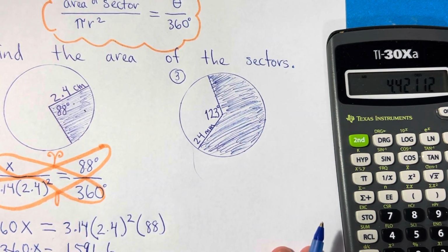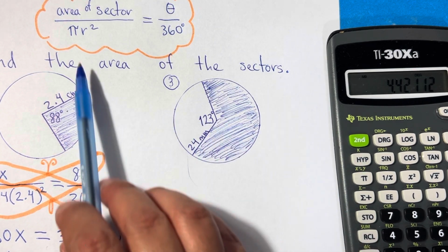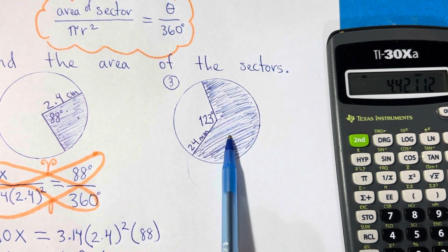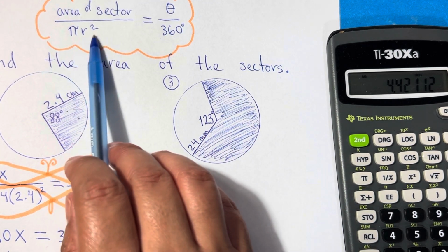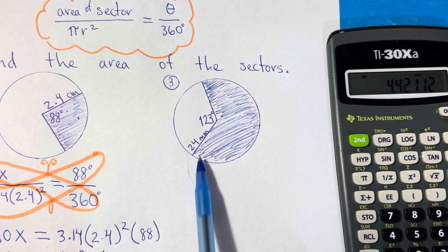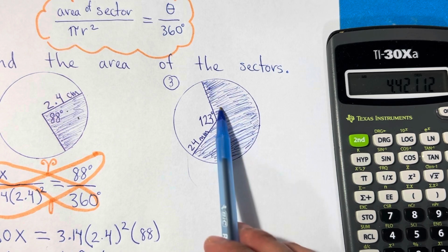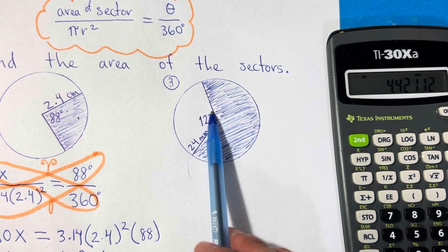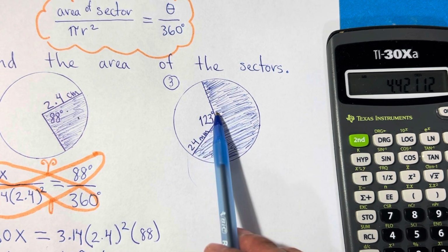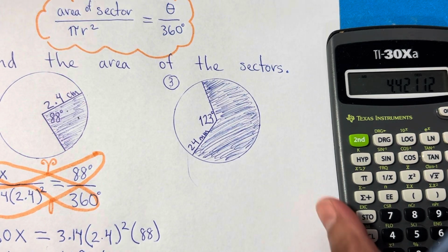For number 3, let's write again: the area of the sector over pi r squared equals theta, which is the angle of that shaded area. However, as you can see, the 123 is in the non-shaded region.